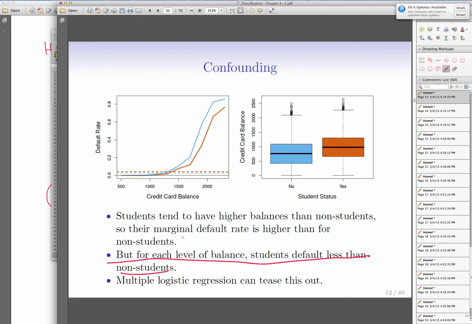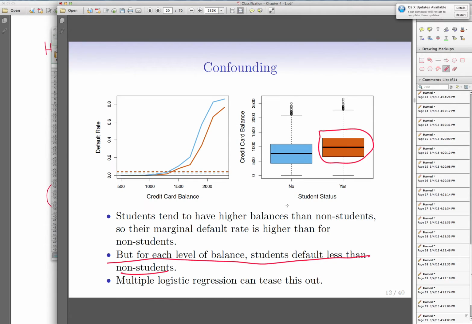So that is the problem. Usually students have higher balance because they have more loan. So the marginal default rate is higher than non-students because they hold higher balances.